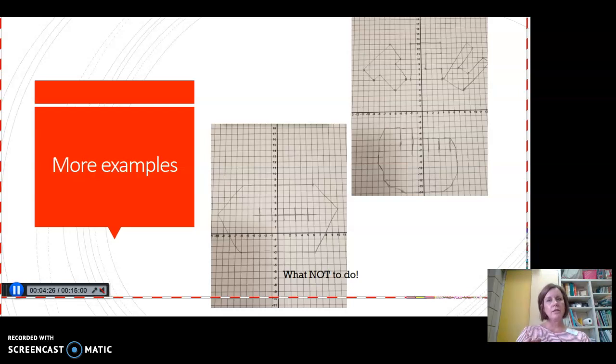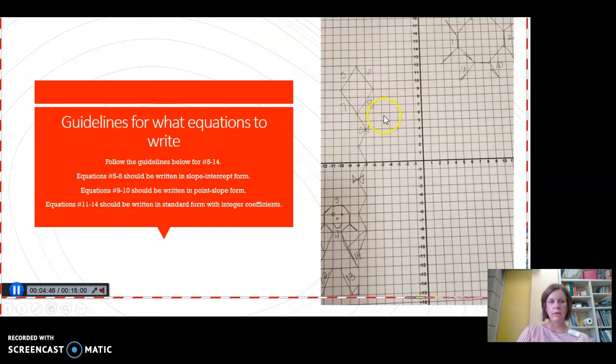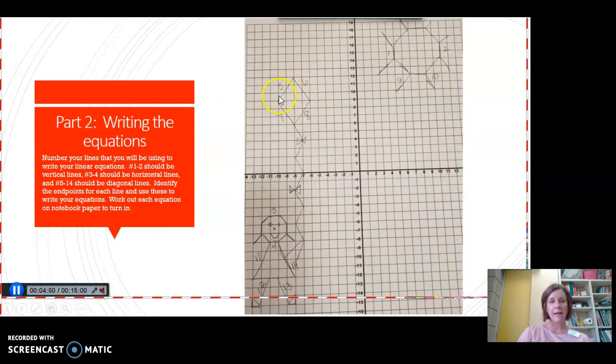I don't want you to necessarily stress about the rest of the project because we're going to be learning the different steps, but I'm just going to go ahead and talk about it for a minute. After we get done drawing our picture, our next step is to identify our lines. And so I've shown you here how I've picked out and numbered my lines.